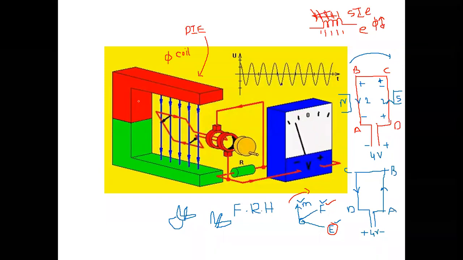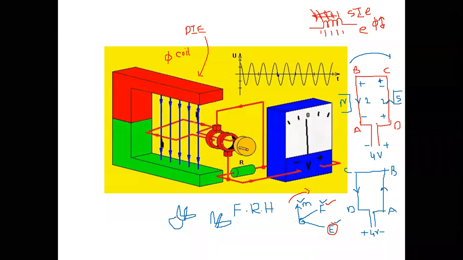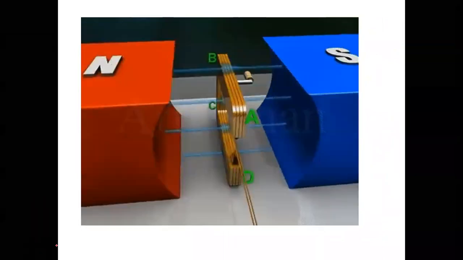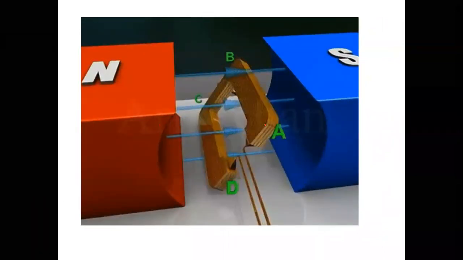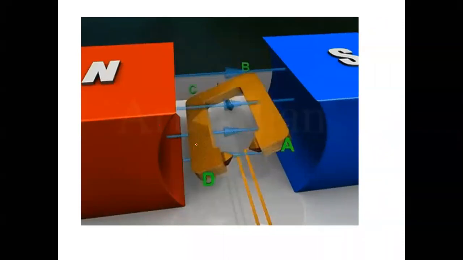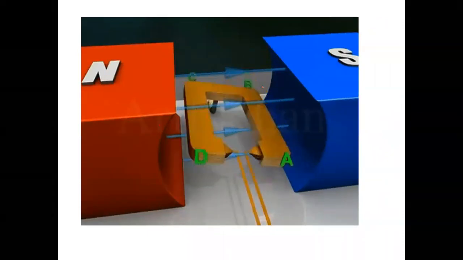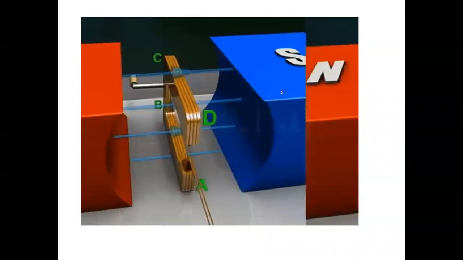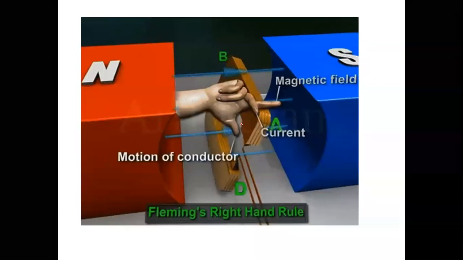So this is the animation. You can see whenever the conductor crosses the magnetic neutral axis, the current direction changes. Upward direction will become downward direction. Let us see in this animation. There is a rectangular coil A, B, C and D. When AB is coming exactly in between north and south pole, no EMF will be induced.